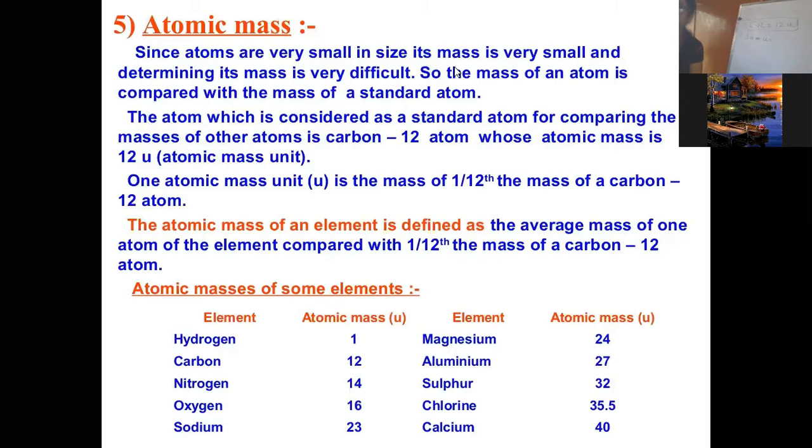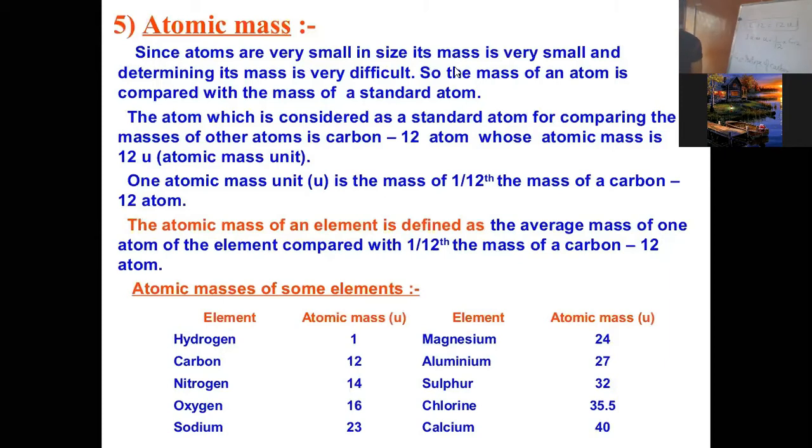So one atomic mass unit is 1 by 12th of C12. What is C12? C12 is the isotope of carbon whose atomic mass is taken as 12 units.